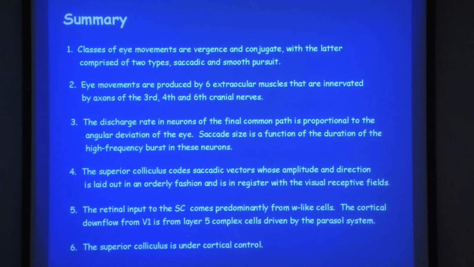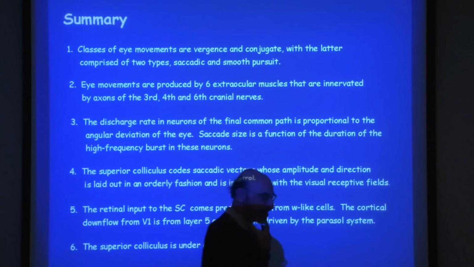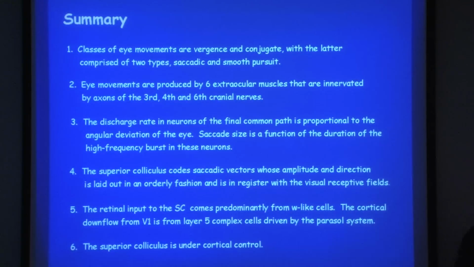And as a diagram I had shown you, I demonstrated that the superior colliculus is under cortical control in higher primates. So that then is the essence of what I wanted to cover today.